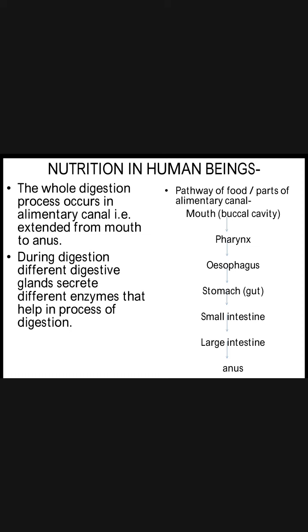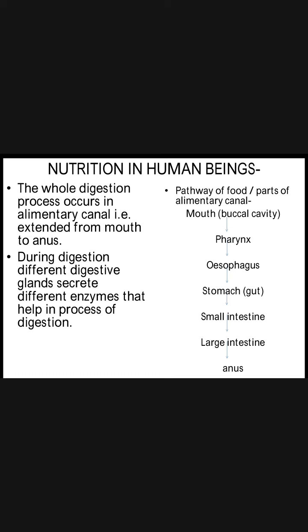During this pathway, when the food is passing through the whole canal, many digestive glands secrete their enzymes and they help in the process of digestion. So see, from the mouth there is the salivary gland and it secretes saliva.